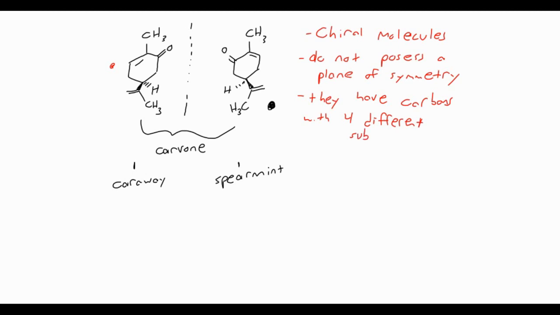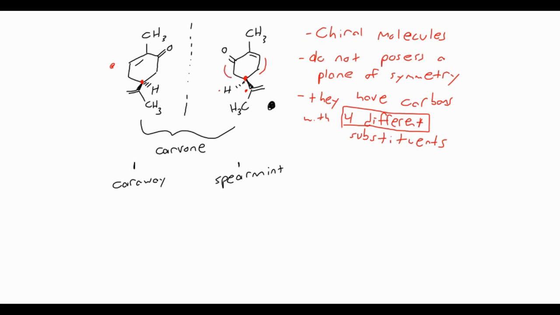Is to look at all the carbon atoms and see if there are any with 4 unique substituents. So for example, if we look back at Carvone here, which of our carbon atoms has 4 substituents that are distinct? Well, this one right here. So we have 1 substituent, which is the hydrogen. 1 is this group here. 1 substituent is this side of the ring, and the other substituent is this side of the ring.